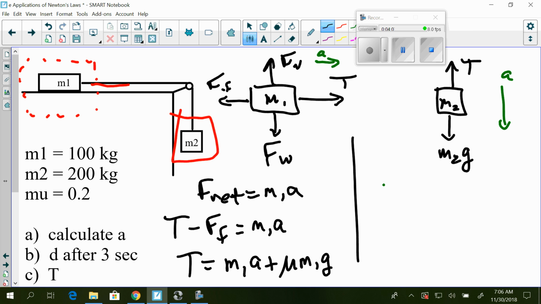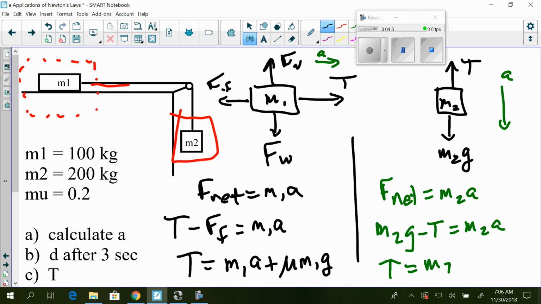So I know there's a net force, F net equals M2A. The net force will be M2g minus tension equals M2A. So again, we have two unknowns. We're going to solve for tension.